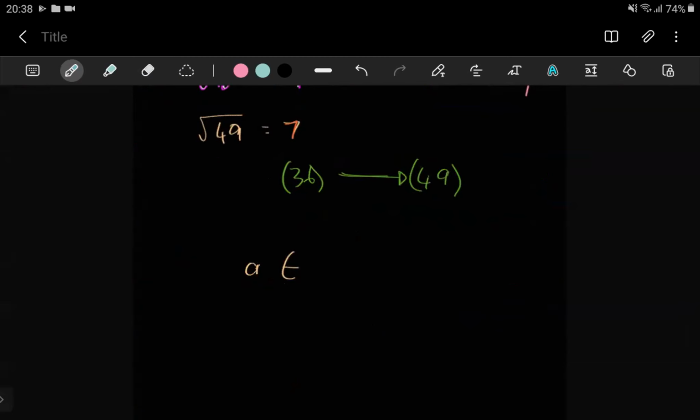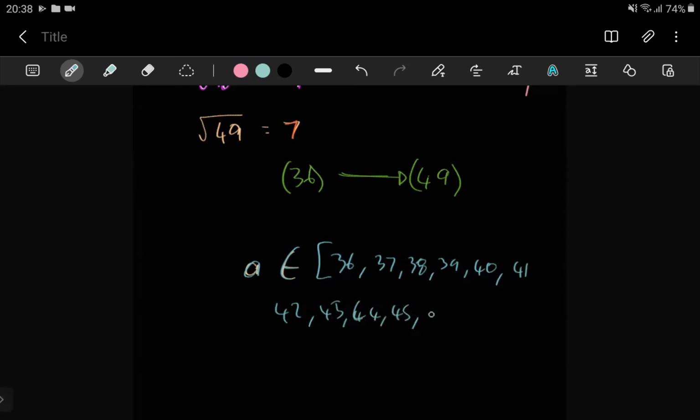Here we can say a is an element of {36, 37, 38, 39, 40, 41, 42, 43, 44, 45, 46, 47, 48, 49}. There you go. And then you close it off like that. Do you see?